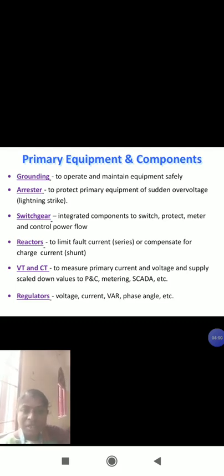Finally the regulators can be the voltage regulator, current regulators, and so on.